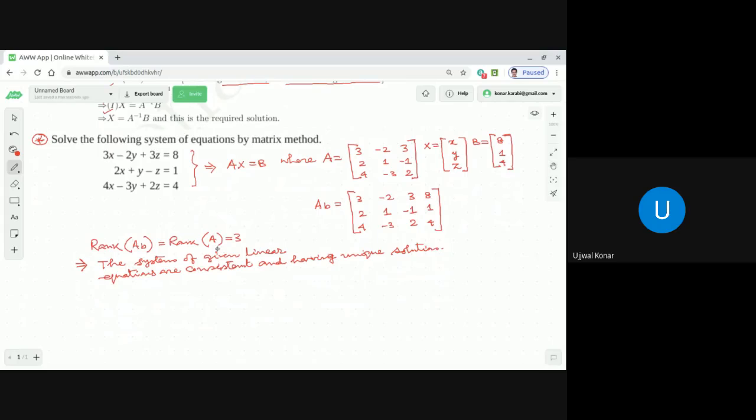Let me use a different color. Ax equal to B. So from here, what can we write, dear students?